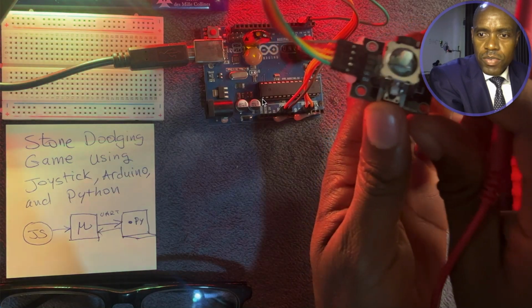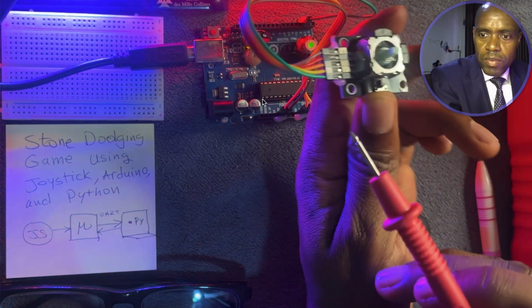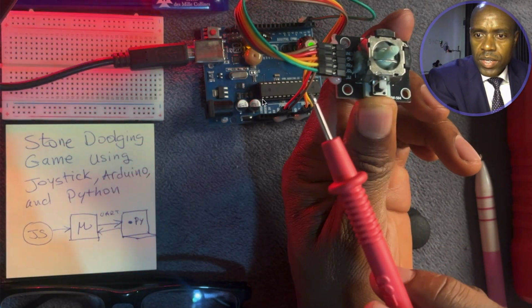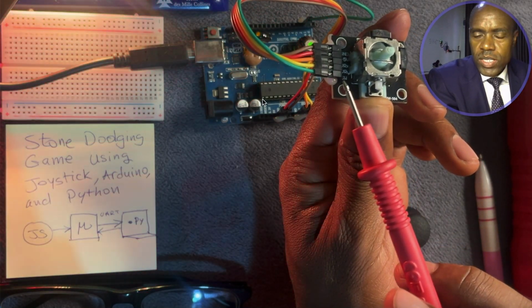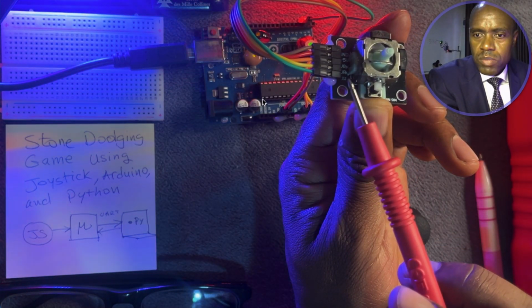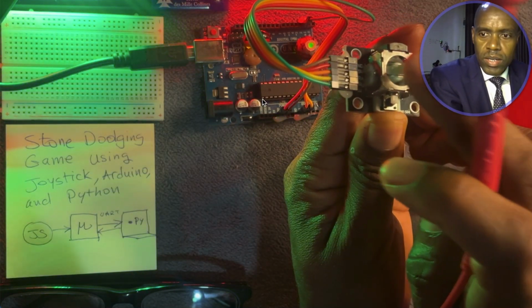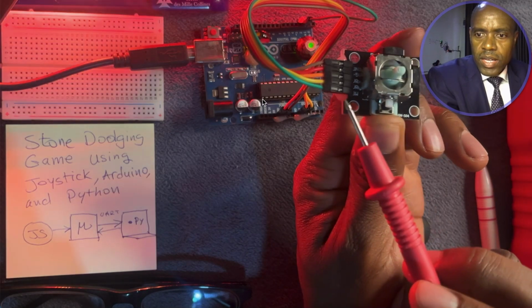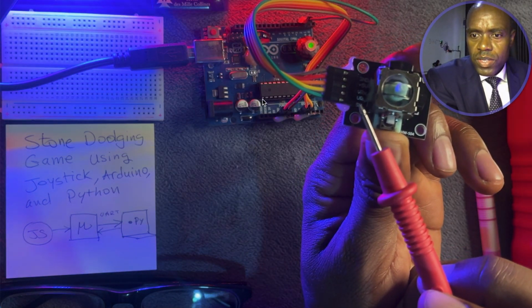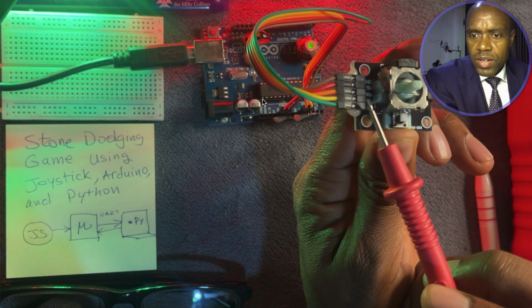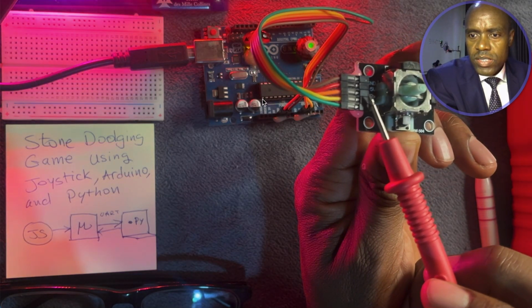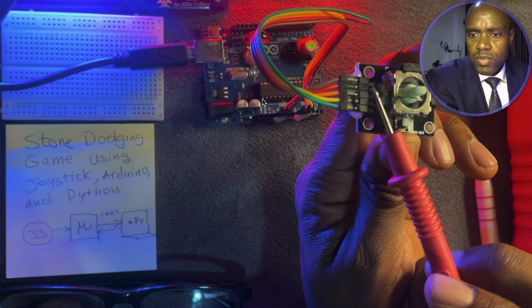This will improve the visibility of the pin names. We have the switch, that's a push button, like when you're pressing. And we have VRY, we have VRX, we have 5V, and we have a ground.